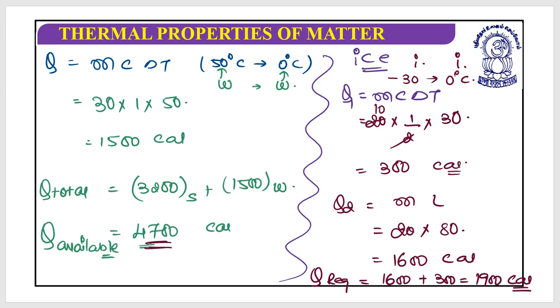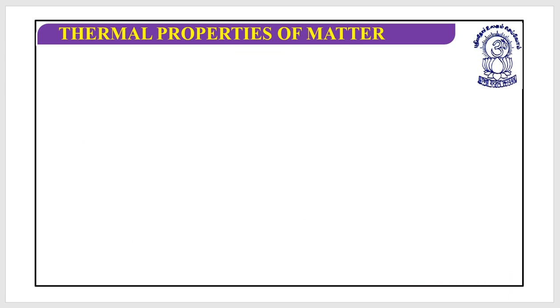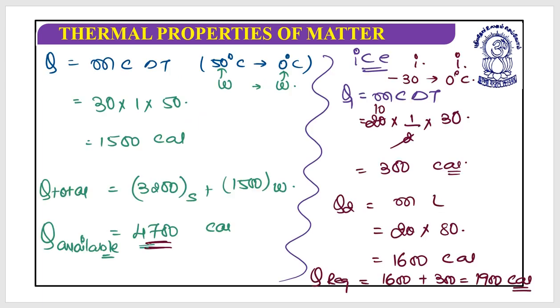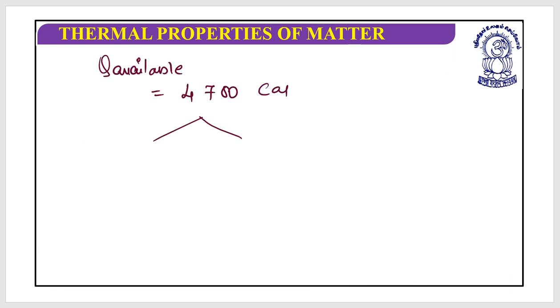So what I need to do is, let's understand that this Q available is 4700 calorie. Divide this into two parts. One, the requirement of this is equal to 1900 calorie. So this is 1900, and the remaining energy, what amount is remaining?